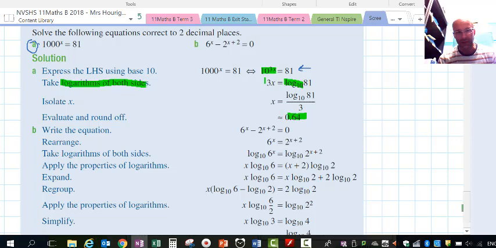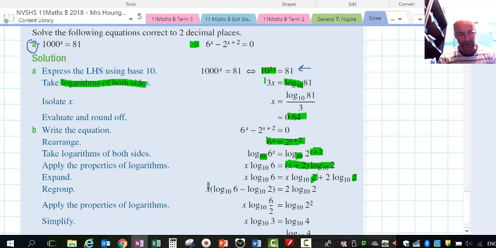The final section is this equation here, 6 to the x minus 2 to the x plus 2 equals 0. You can see that they've rearranged it there, and taking logs to both sides, notice it's to base 10, and basically using one of the log laws here to bring the x plus 2 out the front. Okay, because we can do that. There's formerly the index that can be brought to the front, and using then a further log law, we turn it into a sum, and then we regroup the equation.